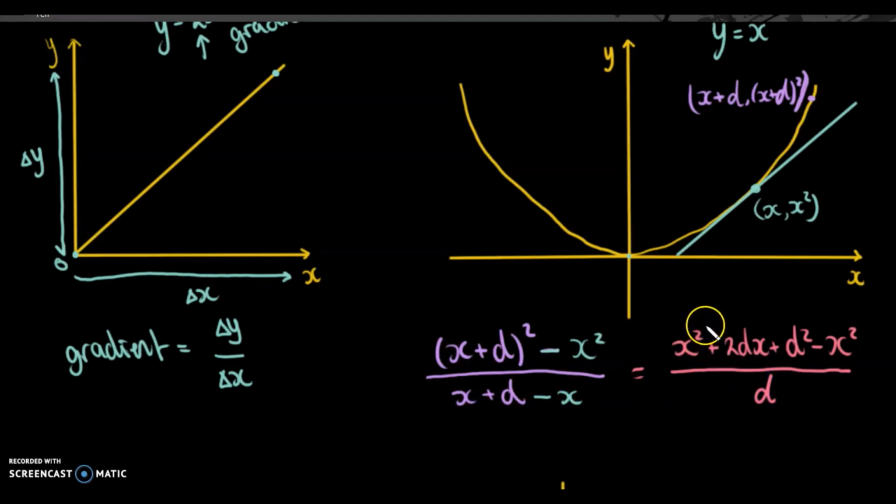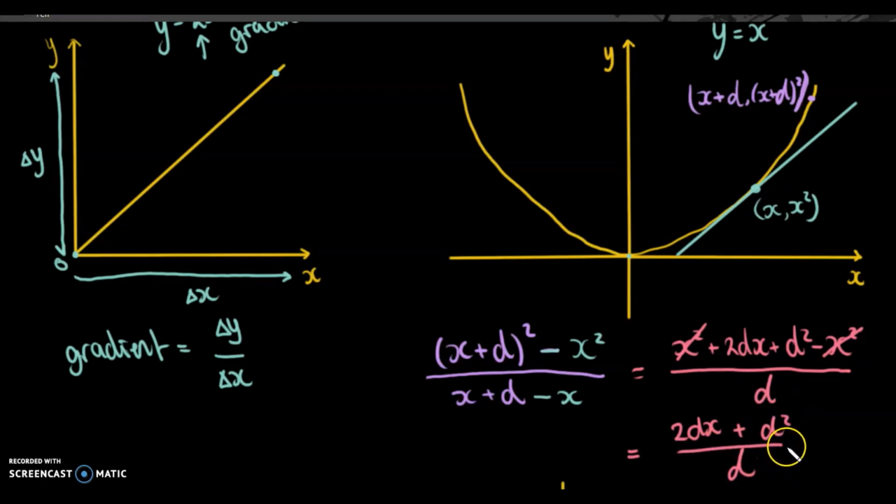Now hopefully you can see that this x squared and this x squared cancel each other out, and so we should be left with 2dx plus d squared over d.